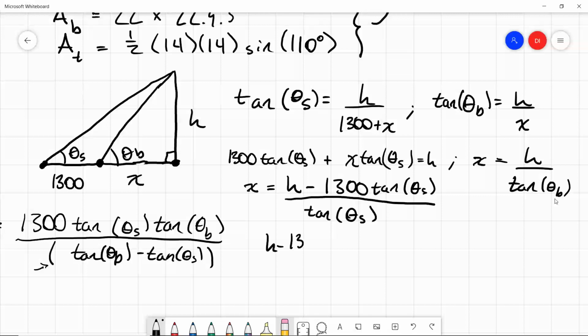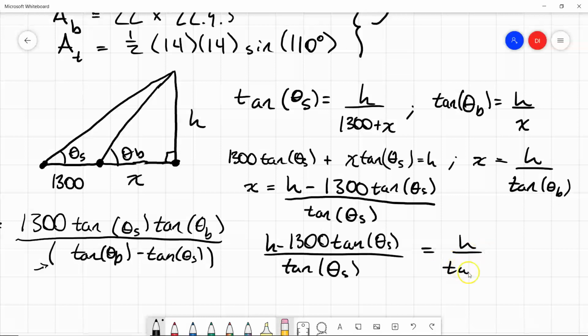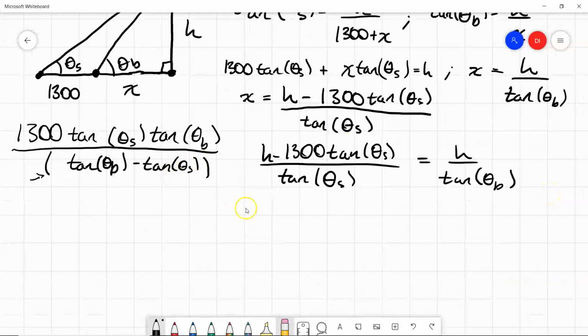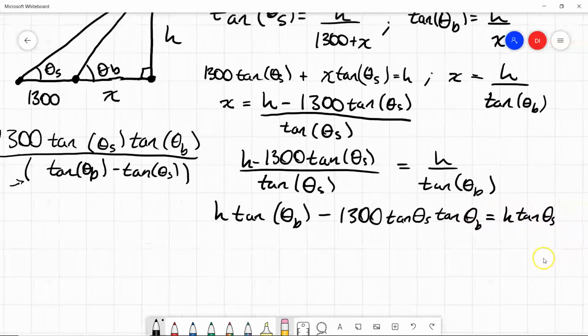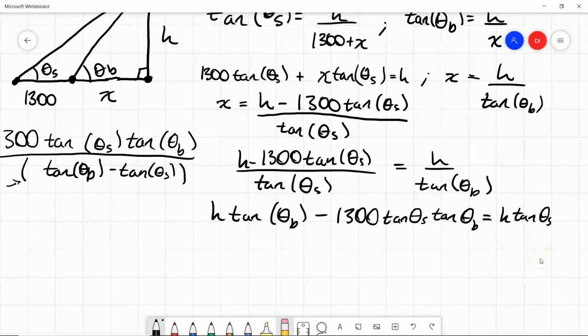So we have h minus 1300 tan theta s, and then cross multiplying gives us, shouldn't take much longer, 1300. Did that correctly?